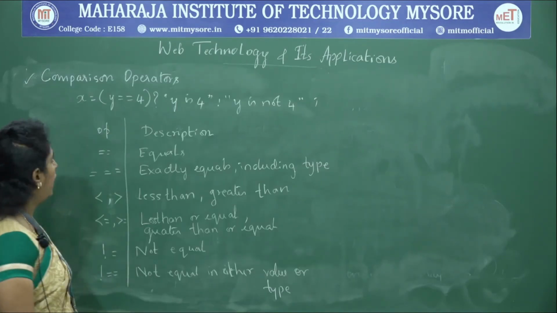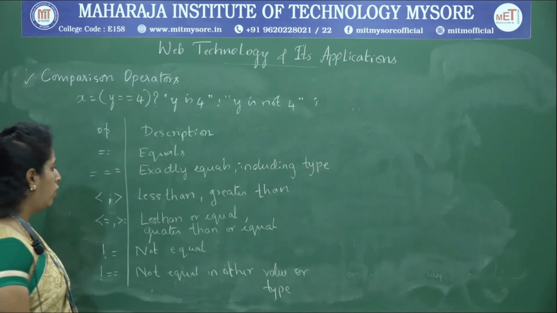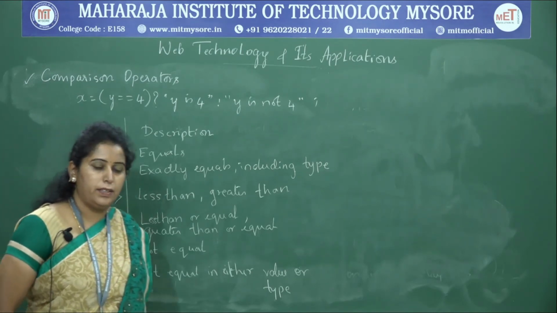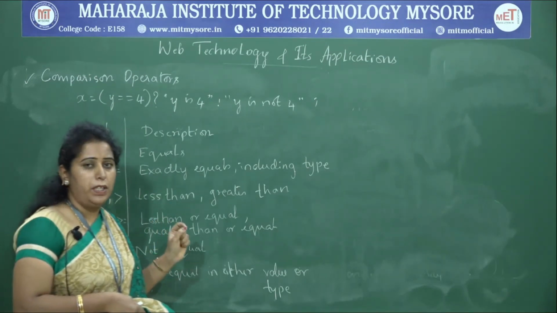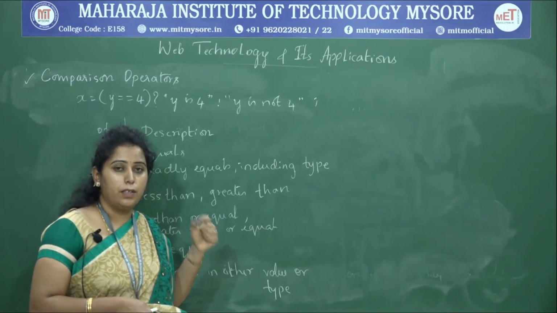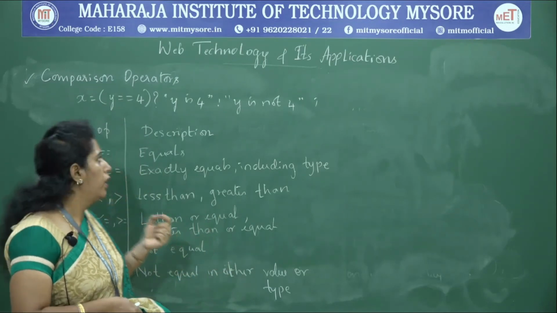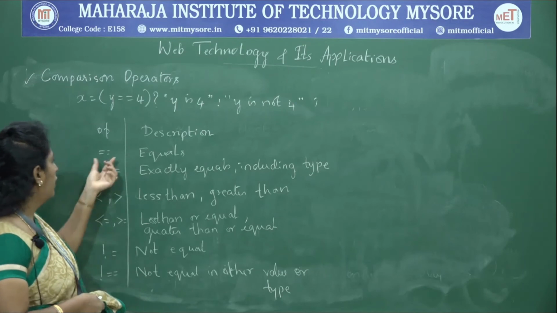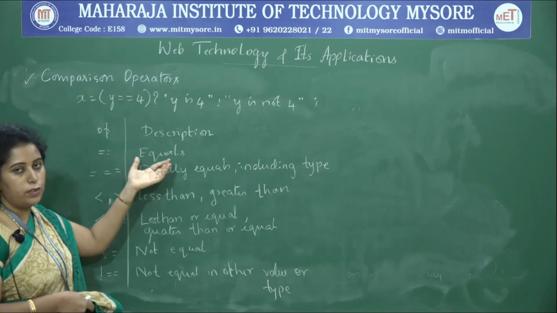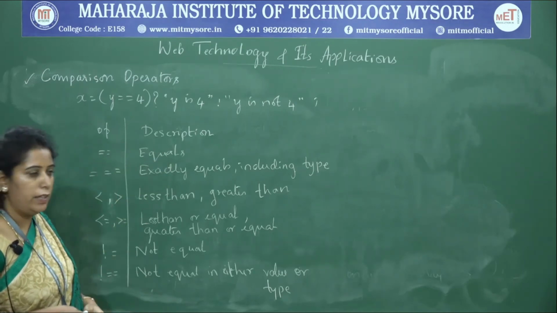Next is about comparison operators, or you can call them Boolean operators, since after performing the operation, the result will be in terms of true or false. So here I have listed certain comparison operators. When you use this operator, it is going to check for equality.